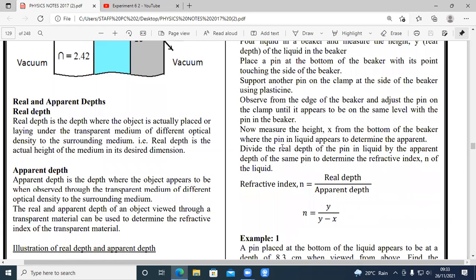Now, after measuring apparent displacement, you must remember from the theory, we say refractive index is equal to real depth over apparent depth. Now from our drawing here, what will be our real depth?